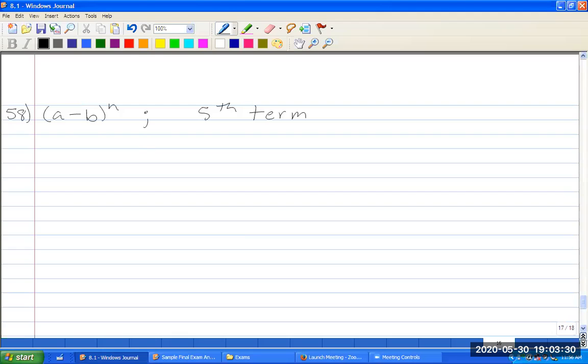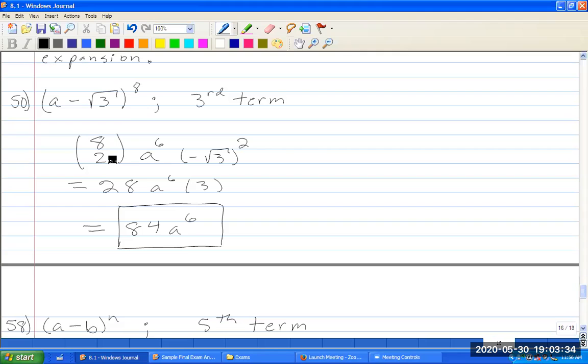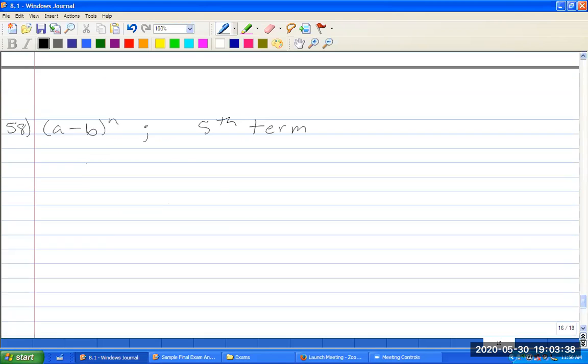Again, recall that since we started at 0, the fifth term is going to be nC4 of a to the n minus 4 times negative b to the power 4.